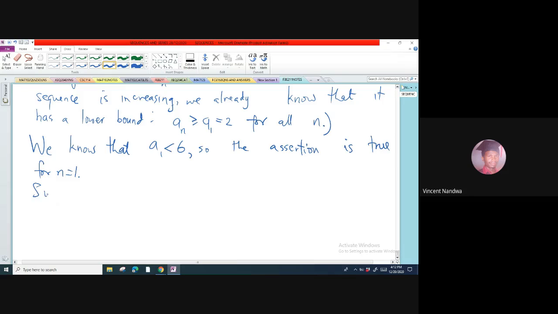Now suppose, still there are 3 steps of mathematical induction, suppose it is true for n equals k, then ak is less than 6, so ak plus 6 is less than 12.